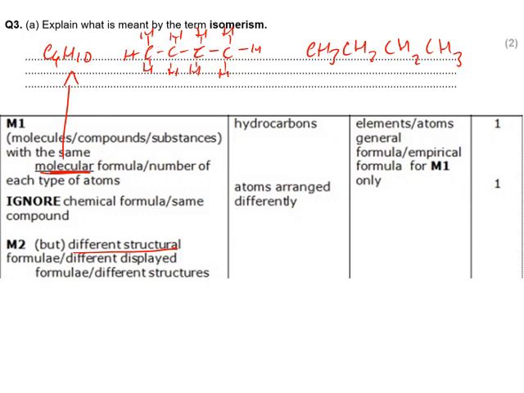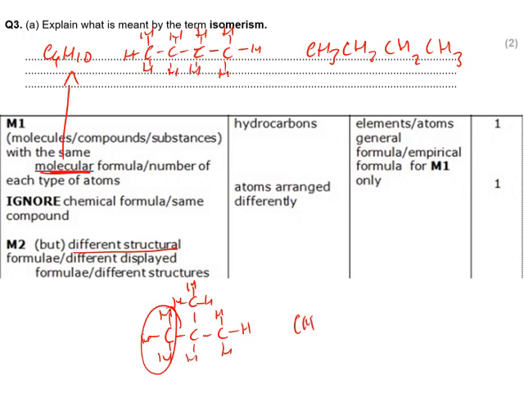Now looking at an isomer of this, let's draw the displayed formula where you display the bonds. Let's draw it like this. So we drew one branch, this displayed formula, and let's draw the structural formula of this.